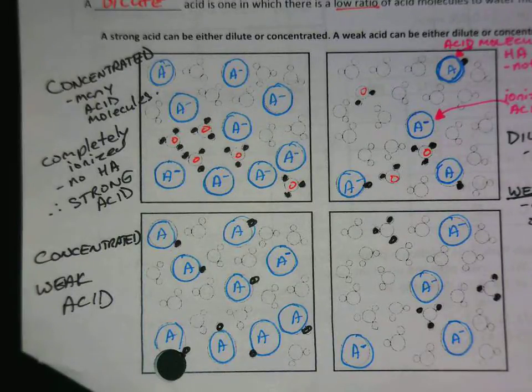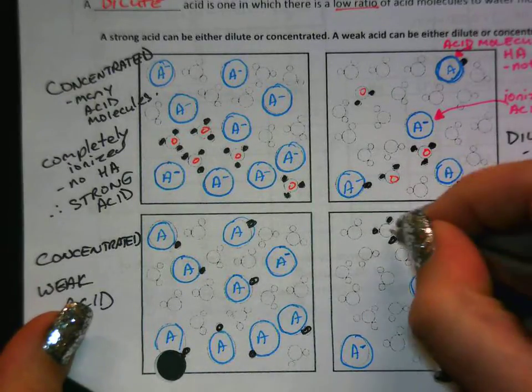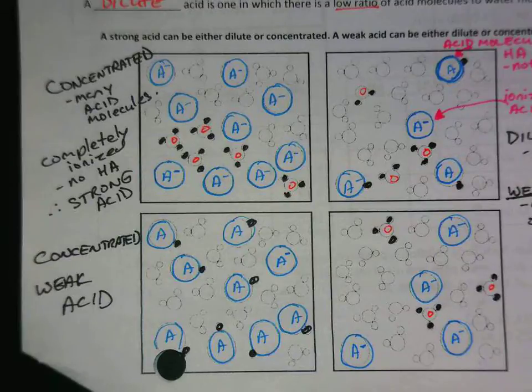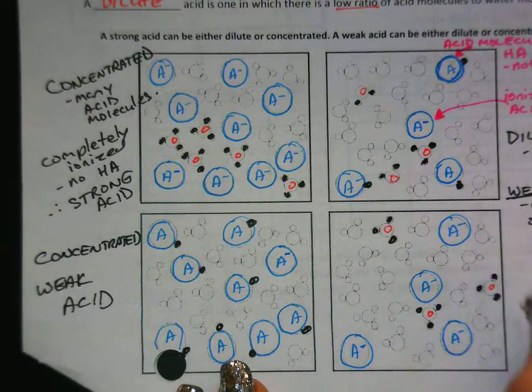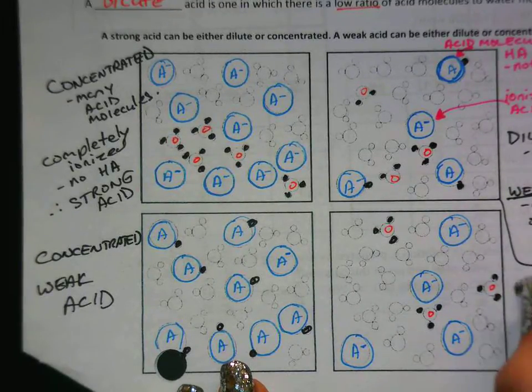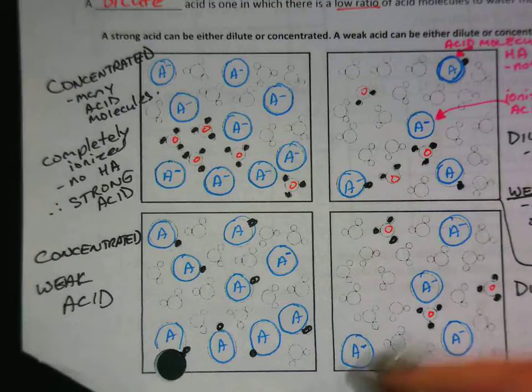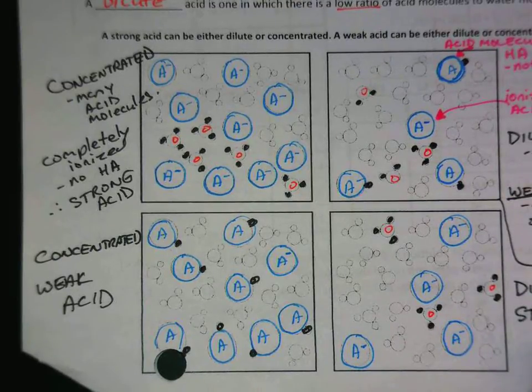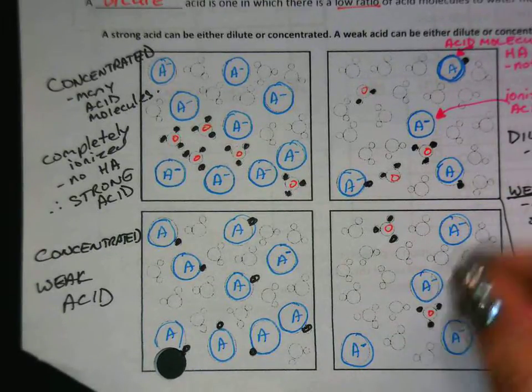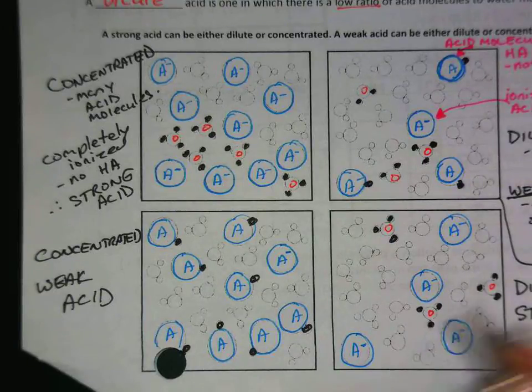And some oxygens as long as we're here. In this case, we have a dilute. Dilute, however, dilute because there's only a few acid molecules, but strong because each of those acids lost its hydrogen to solution to make hydronium.